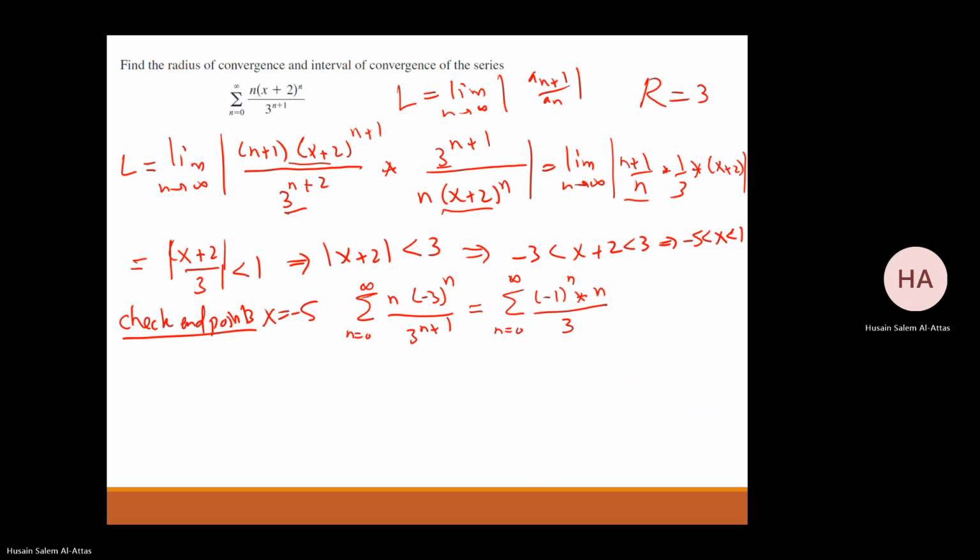I have x equal minus 5, so I have minus 5 plus 2, which is minus 3 to the power n. Take minus outside. I have 3 to the power n. Let me do it in steps. This is n minus 1 to the power n, 3 to the power n over 3 to the power n plus 1. And that will be summation n minus 1 to the power n over 3.